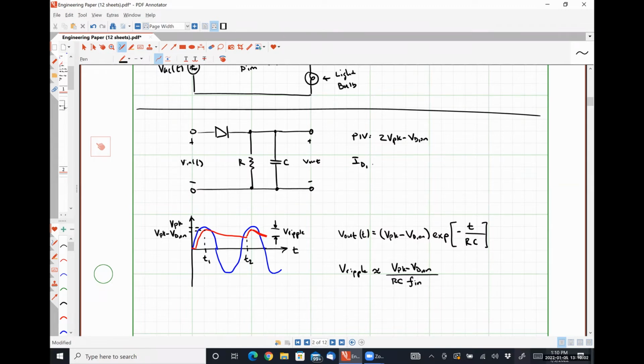Our maximum diode current. So let me preface this by saying I'm not going to ask you any questions about this. And let me explain the reason why. I have two pretty good electronics textbooks. They derive how to determine ID max in two pretty different ways and get two vastly different results, okay?